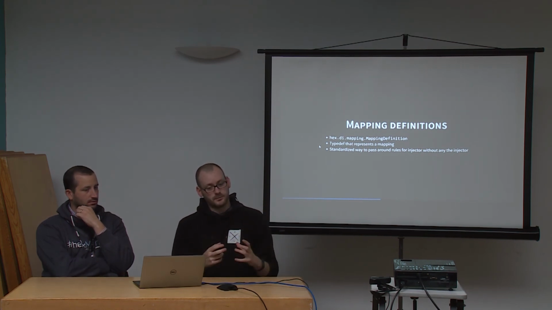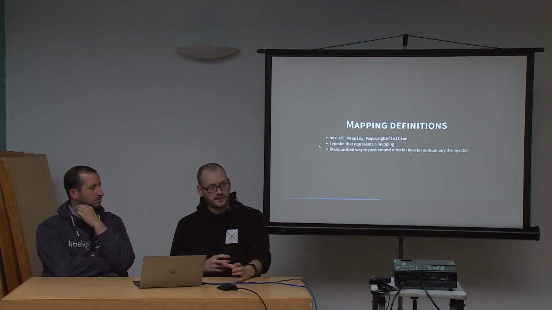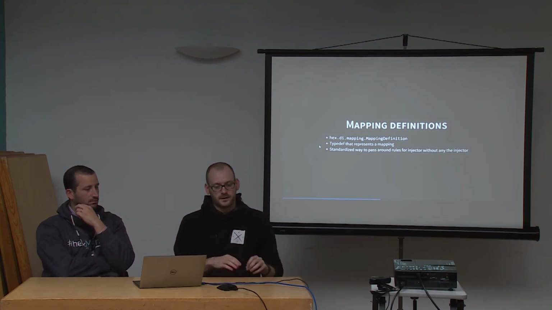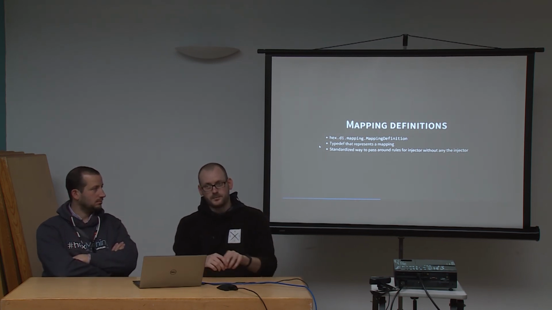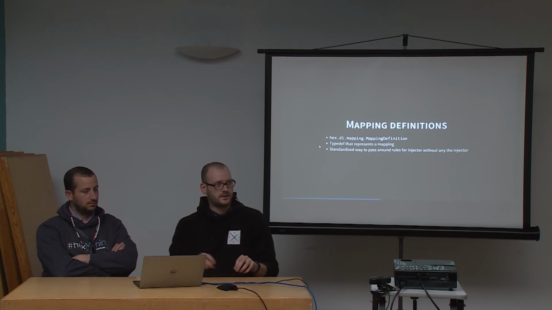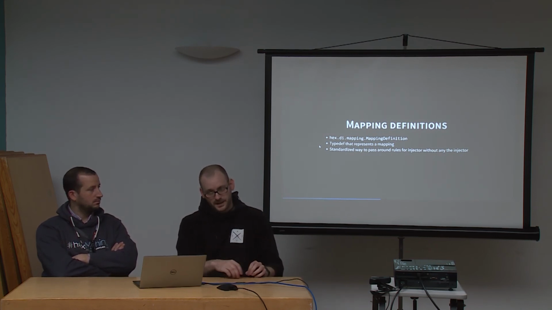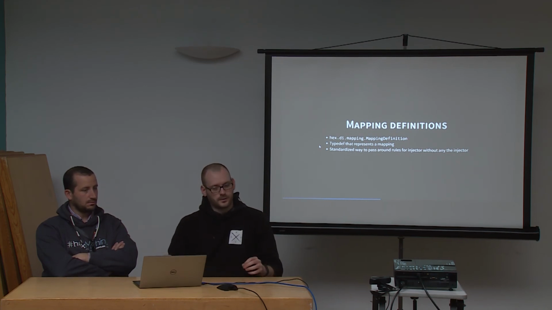So you have a module that just says, well, if you have an injector, I want all this stuff to be mapped exactly this way. So you can say, all right, there's going to be this instance of something, it's going to be singleton mapped to this interface, then there is going to be something else which is mapped to a value, and so on.